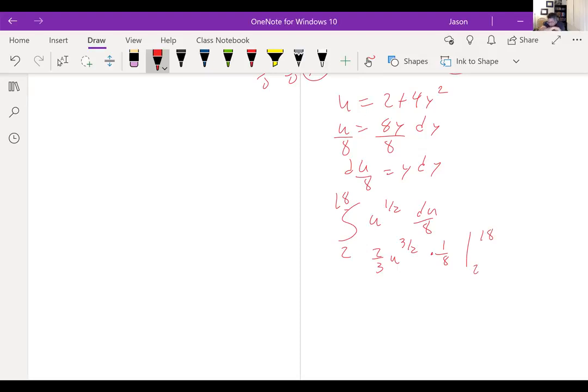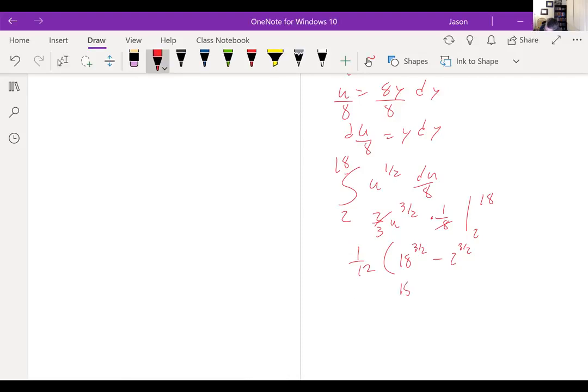There we go. So this is 1/12 times 18 to the 3/2 minus 2 to the 3/2. So this is 18 radical 18 minus 2 radical 2.